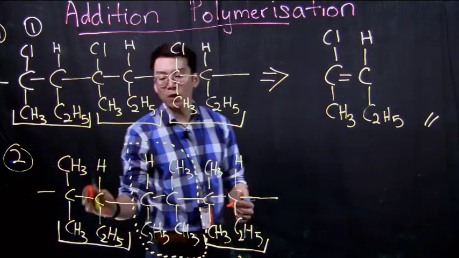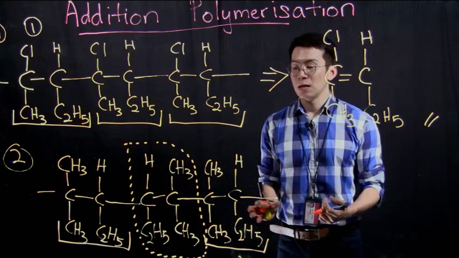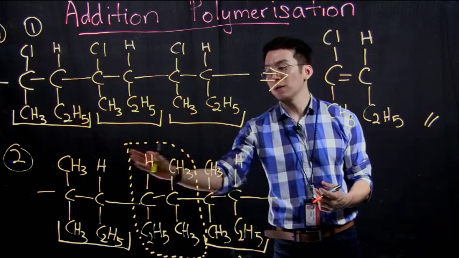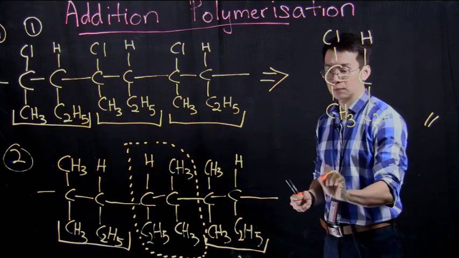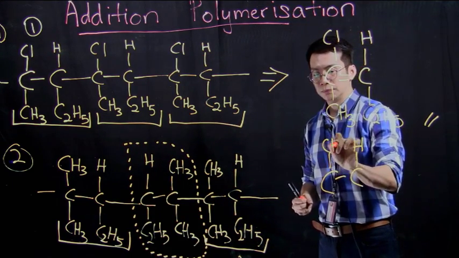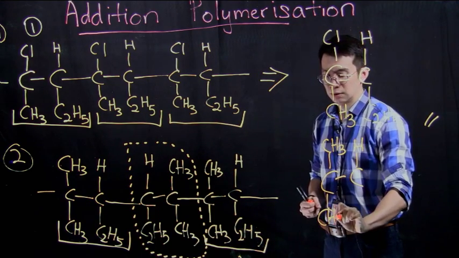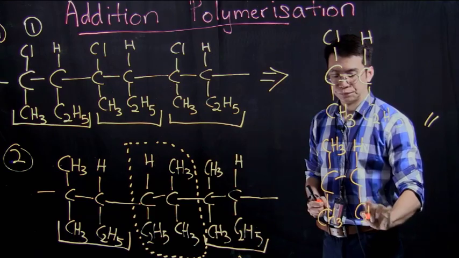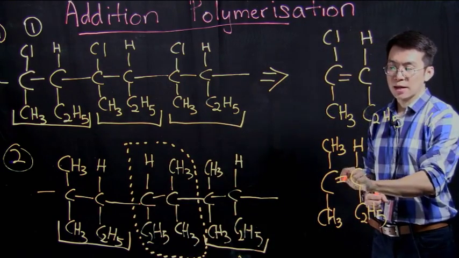So once we realize that these 3 portions are exactly the same, similarly, we just choose any one of them. So we just choose this portion. Copy down, and then add in the double bond.